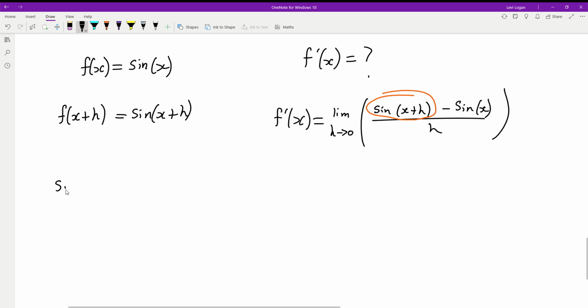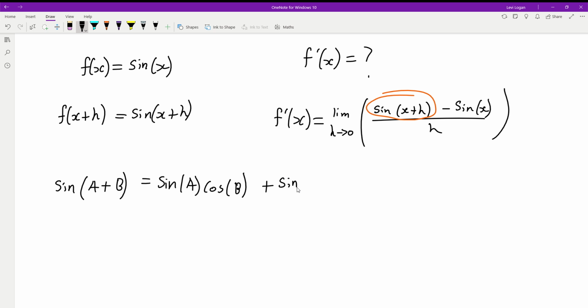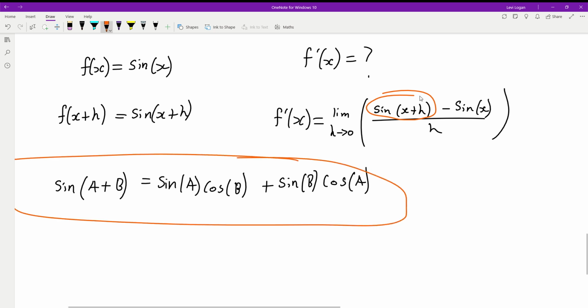So the sine of a sum, a plus b, is equivalent to sine of the first one multiplied by cos of the second one, plus sine of the second one multiplied by cos of the first one. Using this trig identity, we can break up this expression.